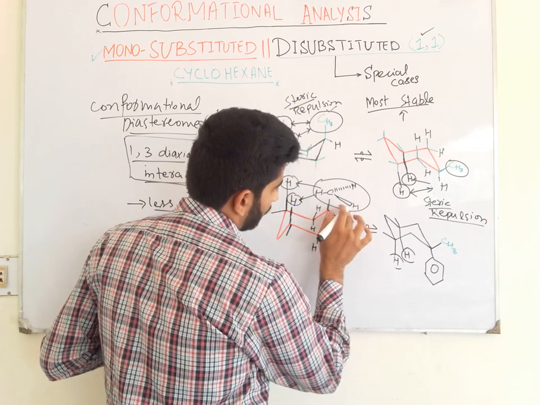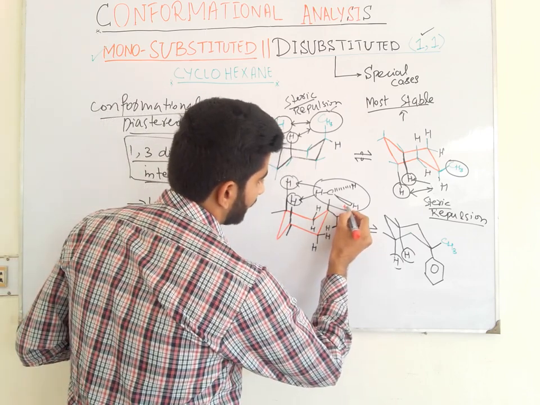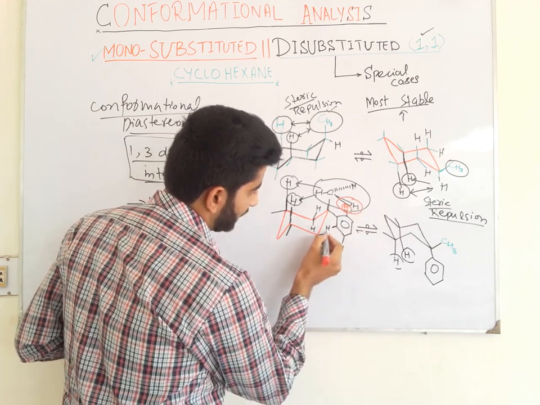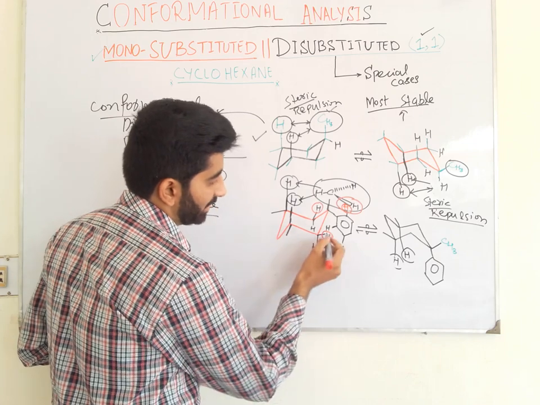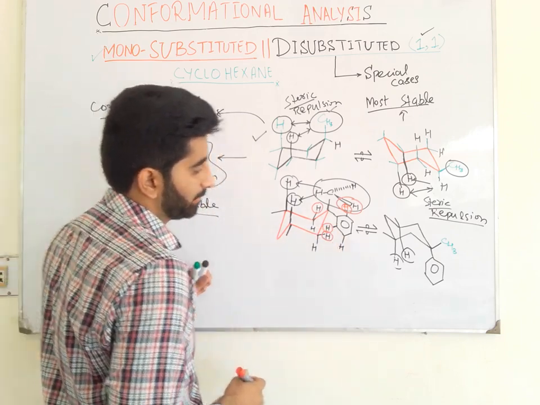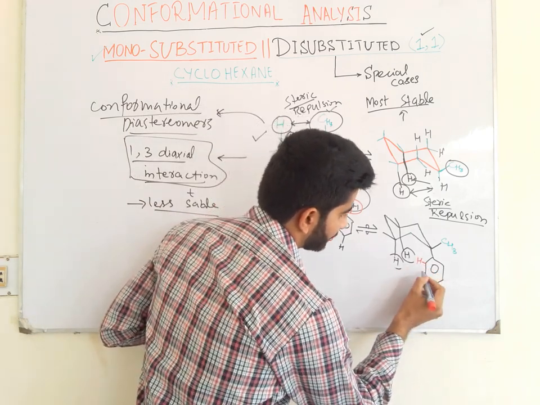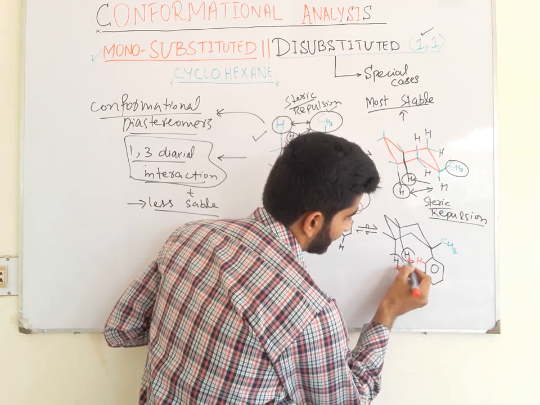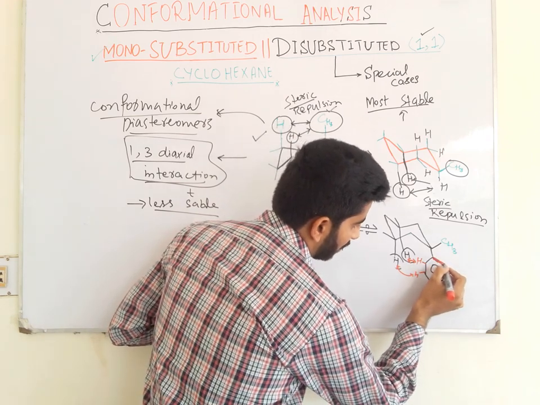Now this hydrogen and this hydrogen show steric repulsion. These equatorial hydrogens also show steric repulsion with these hydrogens of the phenyl group. But in this conformation we will observe that there is a hydrogen here. So there is a steric interaction between these hydrogens, but the ring is oriented in the orthogonal position.